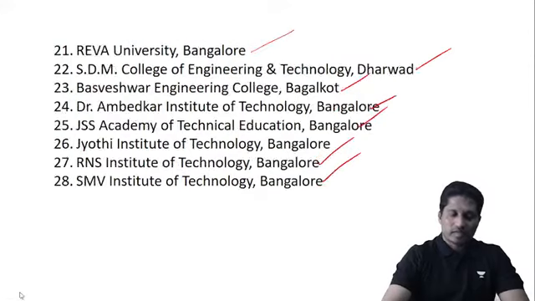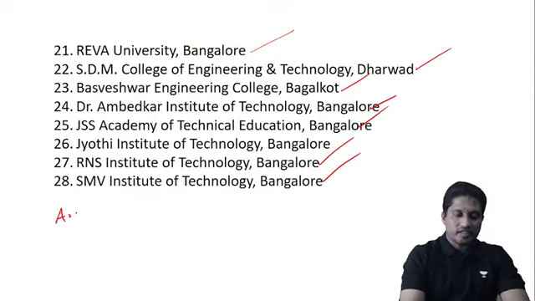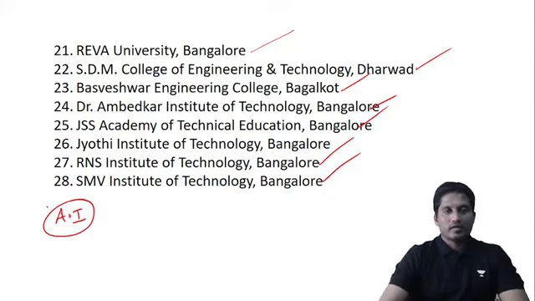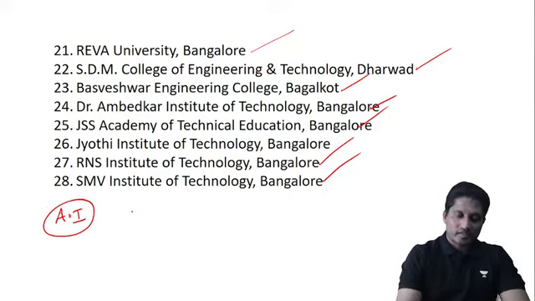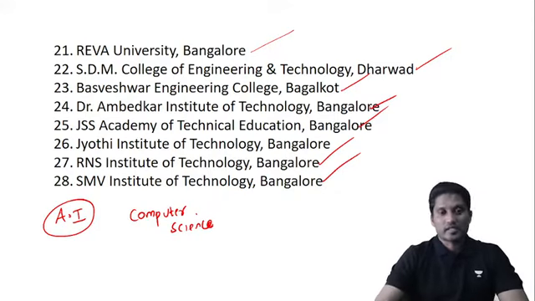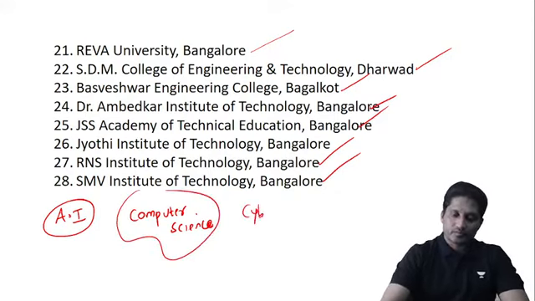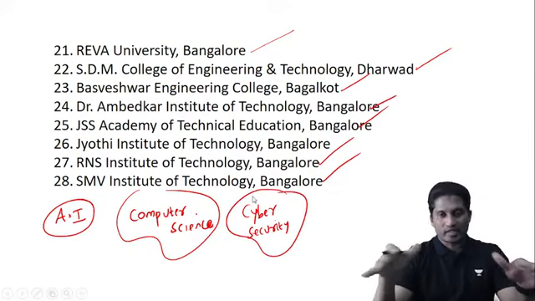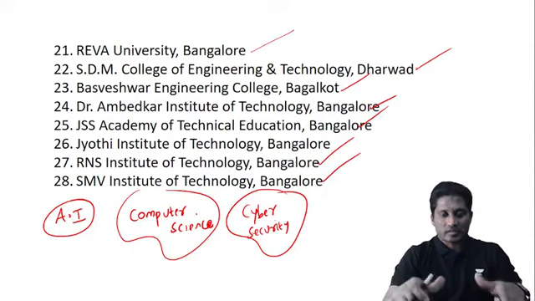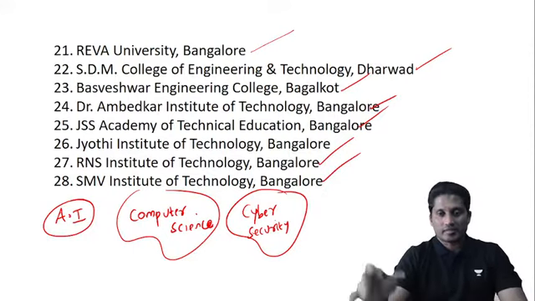These are artificial intelligence, AI, then pure computer science, pure CS, and next comes cyber security. Computer science is divided mainly into three parts now: artificial intelligence, computer science, cyber security.